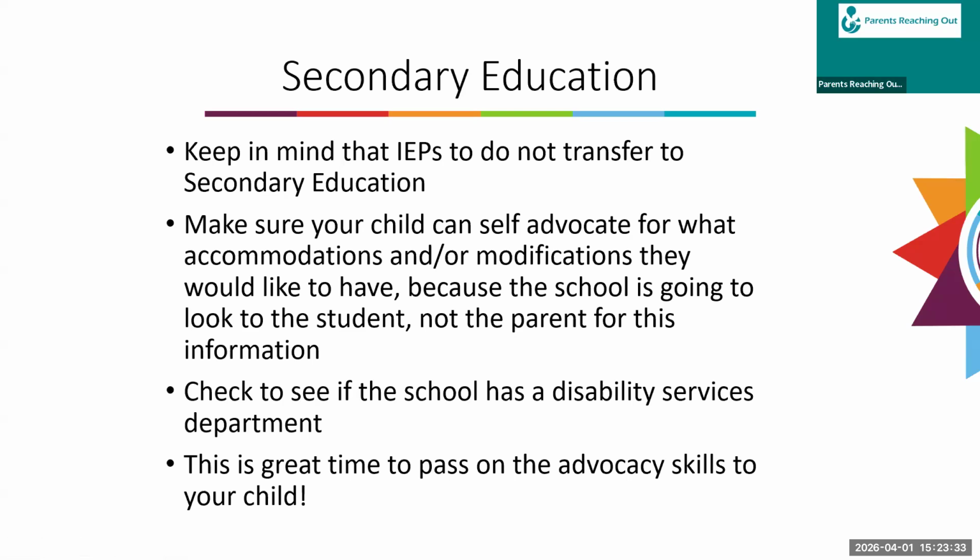Then I went to the Disability Services Department, talked to them about the modifications and accommodations I had in school, and they really did help me. So you need to really promote that with your child if they're going to be going into secondary education, because the schools are very willing to work with you, and the professors and everybody really are helpful with this.